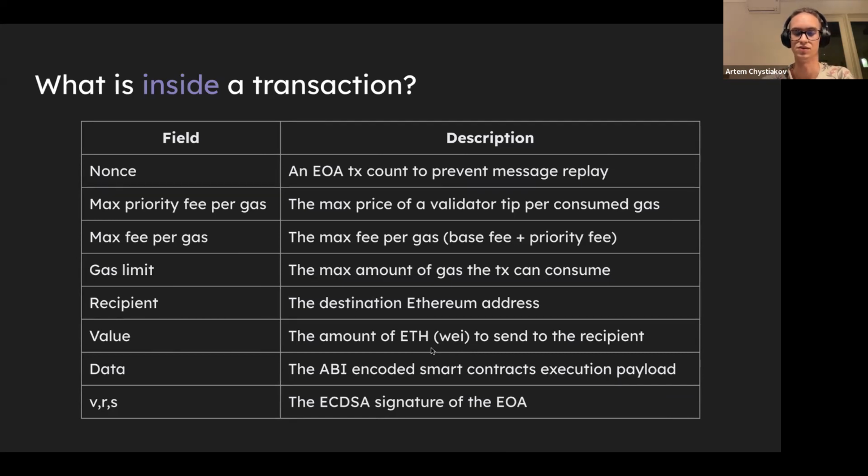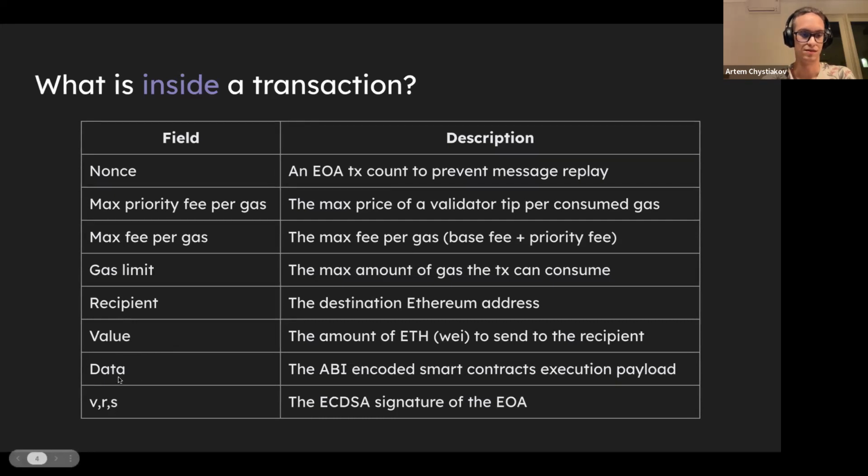In Bitcoin, we have 10 to the negative 8. Here we have 10 to the negative 18. And this value is set to this huge number, which means how much Ethereum you're willing to spend.